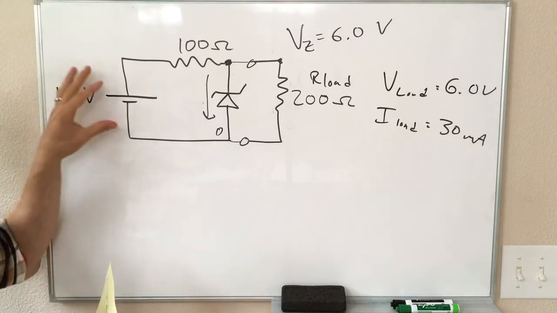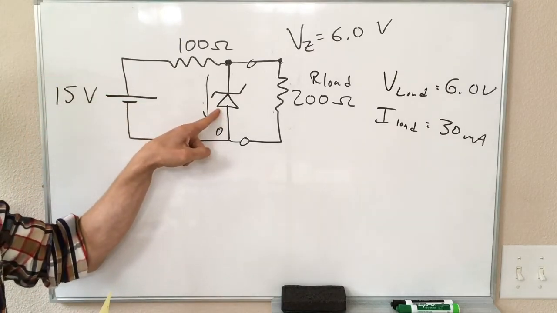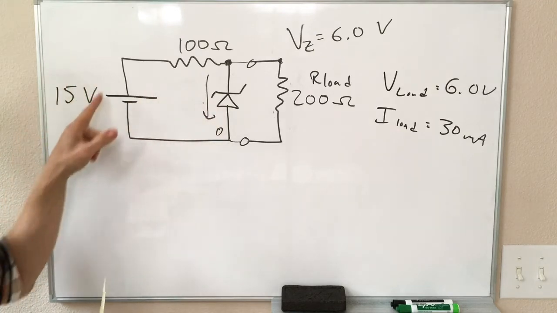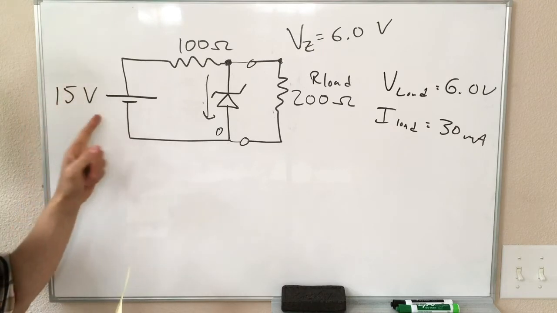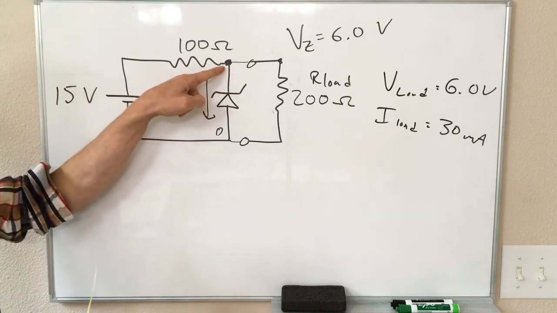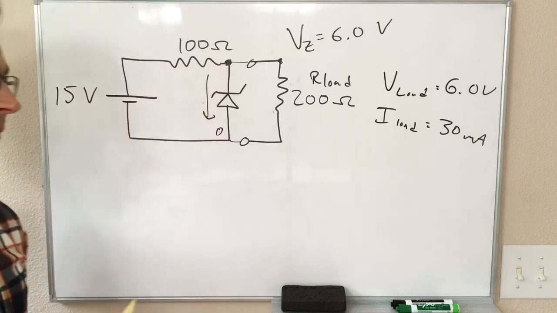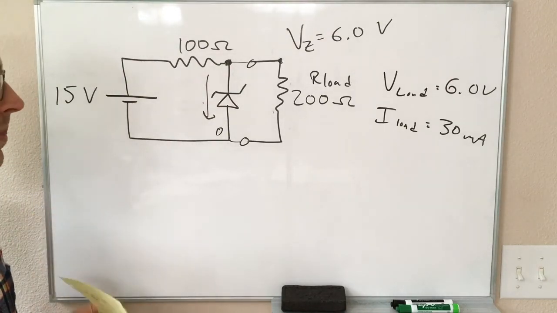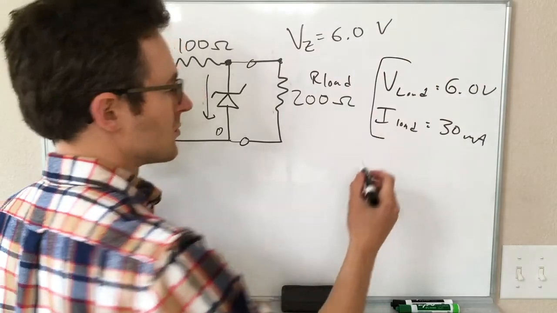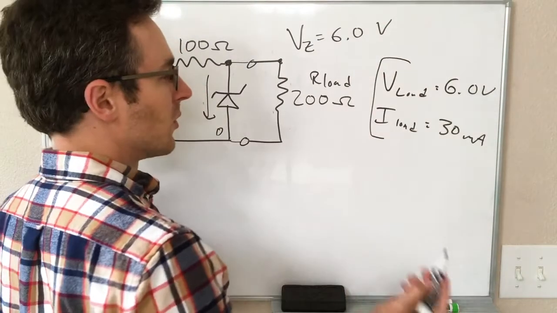We might at some point flow enough current to damage the Zener diode, or if this is low enough, I think in this case below 9 volts, this point is going to have to be below 6 volts and the Zener diode is going to turn off. But within those limits, these numbers are going to stay the same.